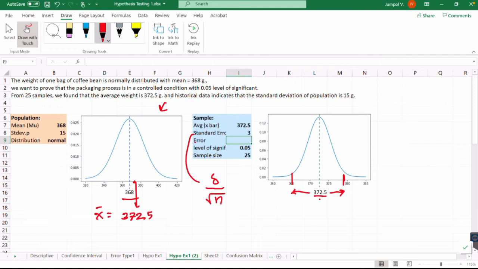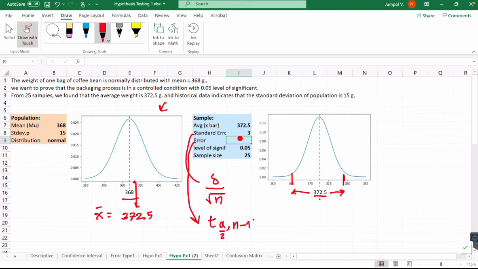So it can be computed by plus and minus the sample mean with the error, and the error here can be calculated by using T, alpha, and in this case it's going to be alpha by 2, and degree of freedom is going to be n minus 1.